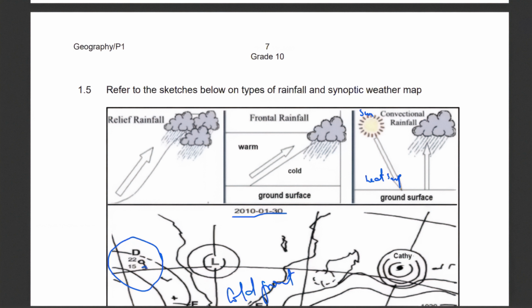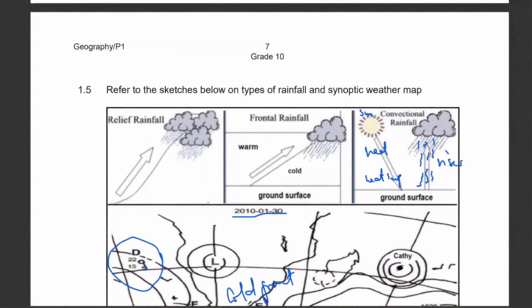Remember, we said when water bodies are heated, there is evaporation. So the water bodies, as they are heated, the water turns into a gas, which is water vapor. It starts to rise because it's less dense because of the heated air molecules. So it rises. So it's the heat from the sun which heats up water bodies.